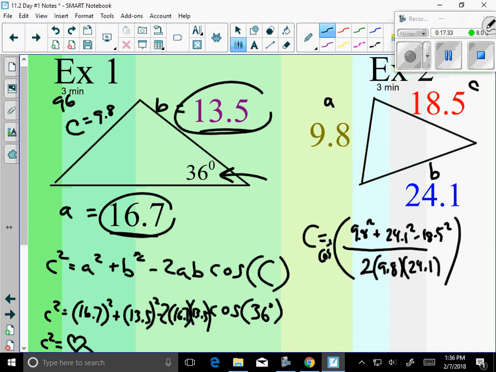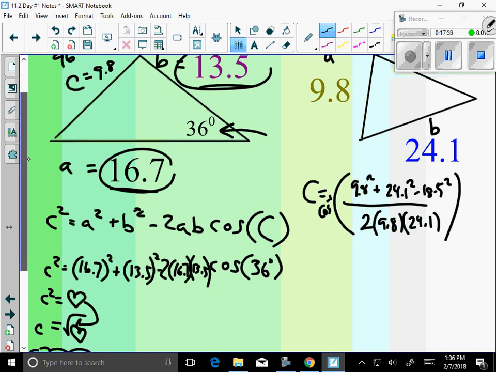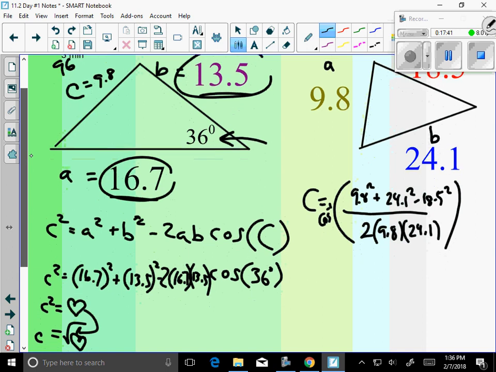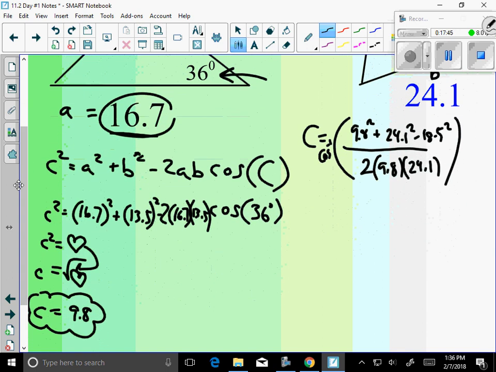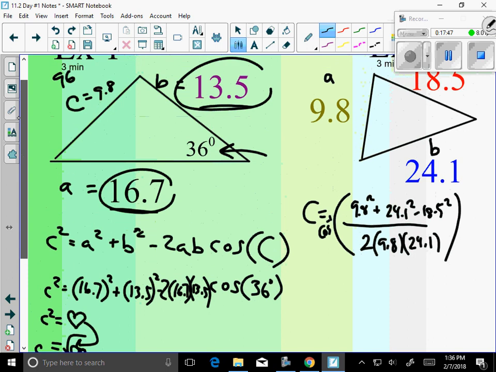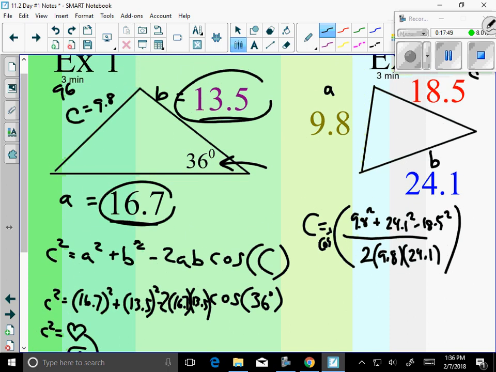And you should get an angle. If you get an angle that's above 180 degrees, you got issues. If you get a negative angle, you got issues. So you should get a value between 0 and 180. I would assume that this angle would be less than 90.